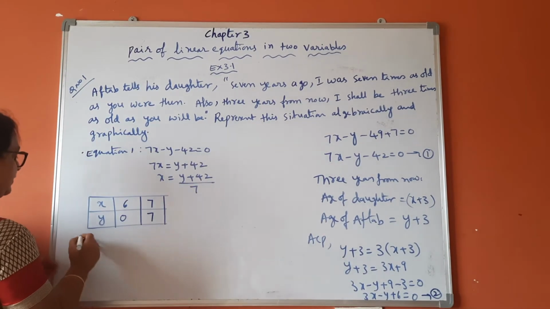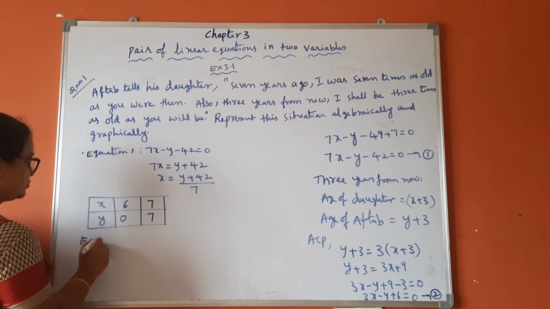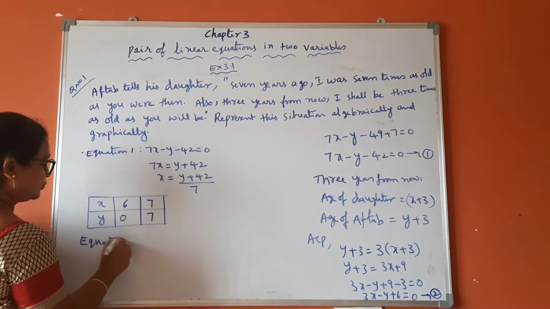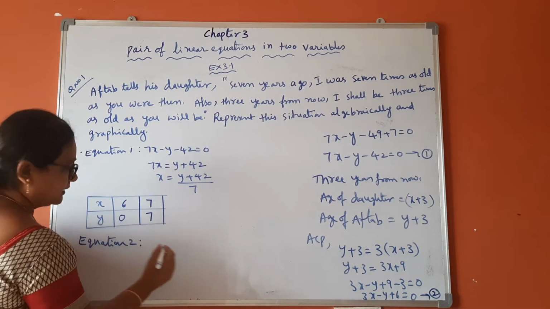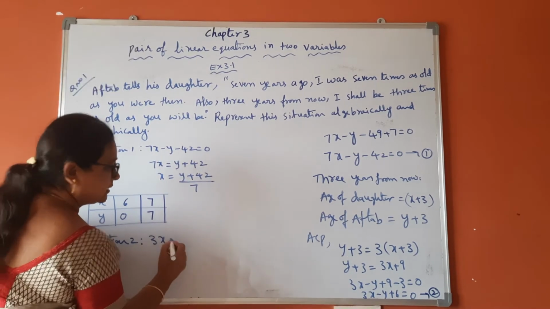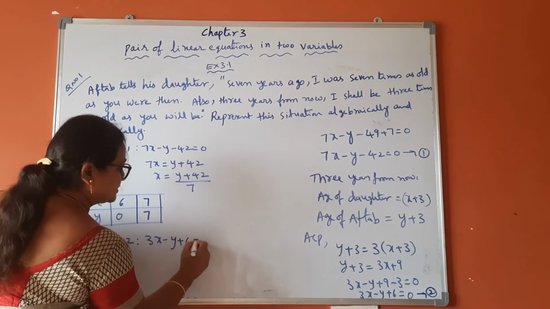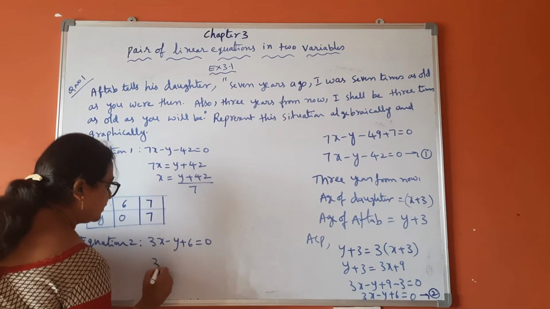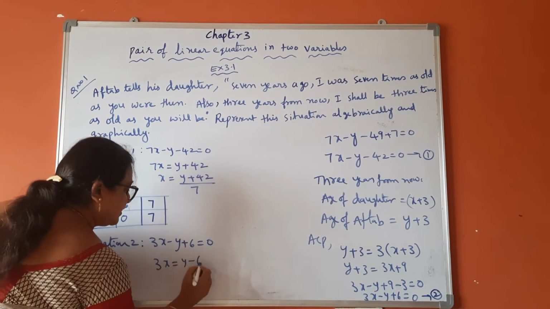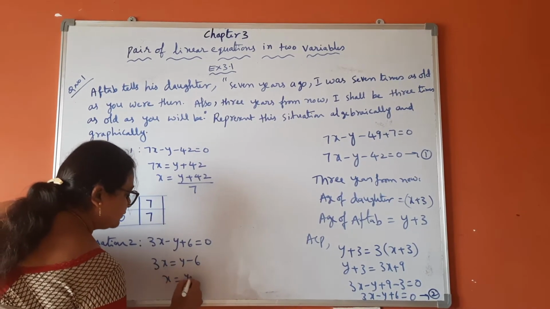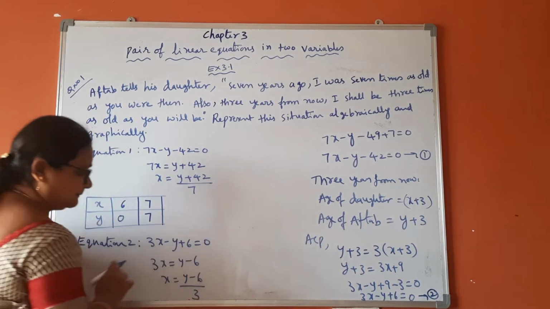In the same way, we have to find two solutions for equation 2, that is 3x minus y plus 6 is equal to 0. So 3x is equal to y minus 6. x is equal to y minus 6 by 3.